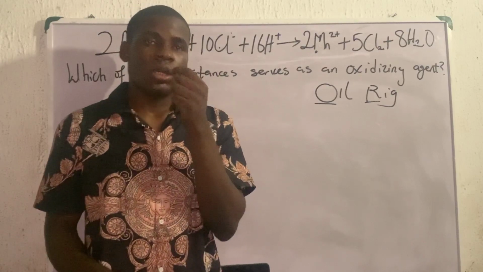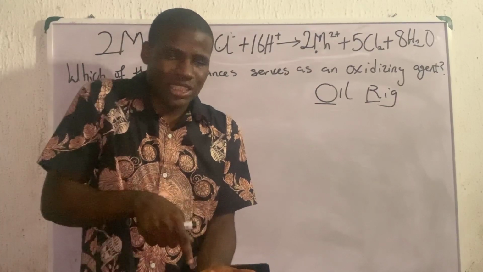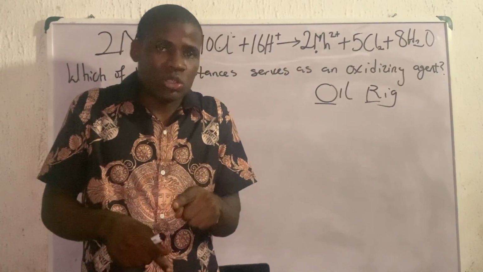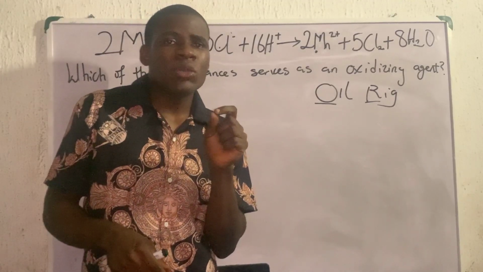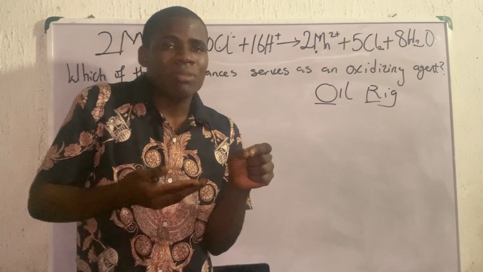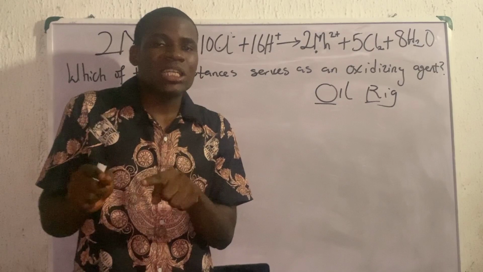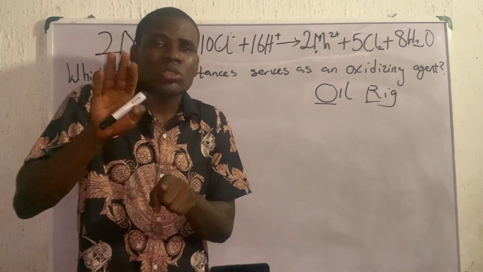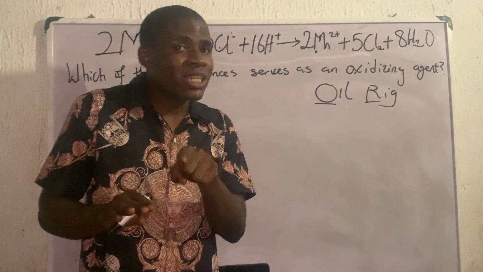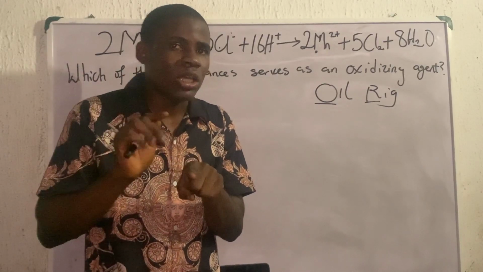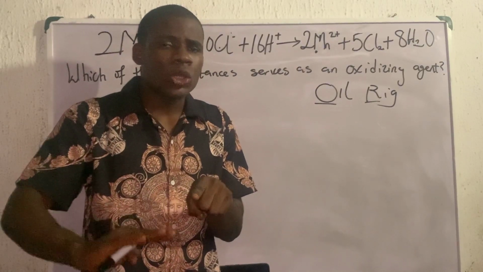The one undergoing oxidation is called the reducing agent, while the one undergoing reduction is called the oxidizing agent. What does it tell you? It means that the reducing agent's oxidation number tends to increase during a redox reaction, then the oxidizing agent's oxidation number tends to decrease during a redox reaction.